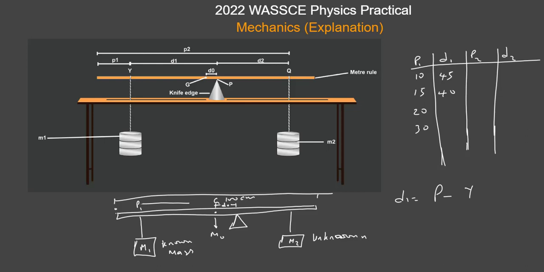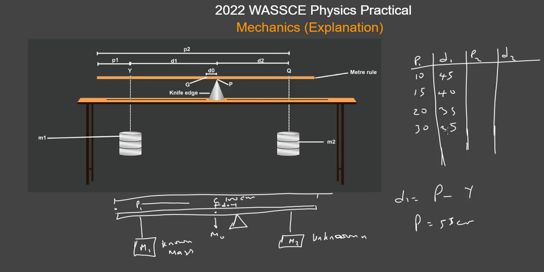Y is just the point where this M1 is positioned. So that's what D1 is basically going to be. If P is at 55 centimeters, you just subtract all of this from 55, and that will give you this. So this would be something like 35, and this would be something like 25.